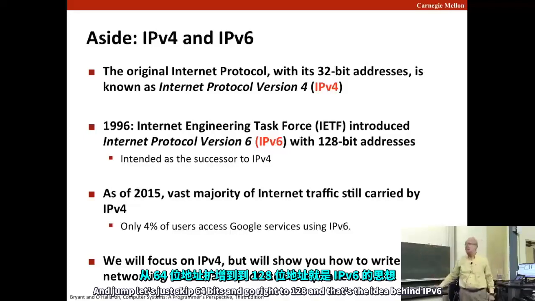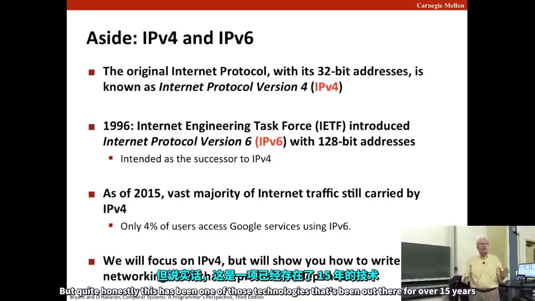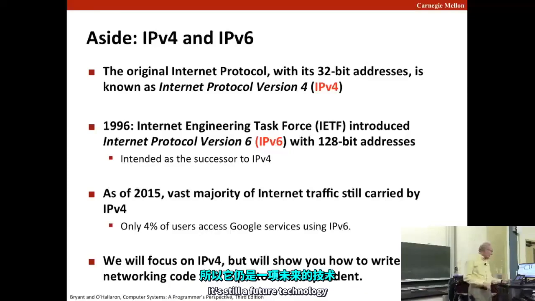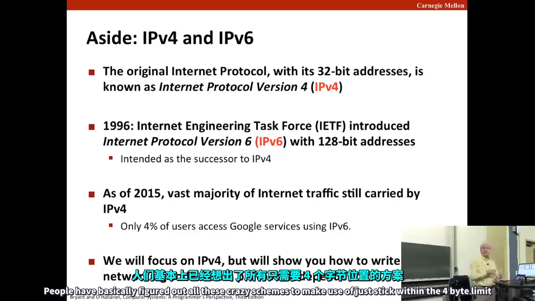That's the idea behind IPv6. But quite honestly, this has been one of those technologies that's been out there for over 15 years and still has a very low level of adoption. So it's still a future technology. People have basically figured out all these crazy schemes to stick within the 4-byte limit.